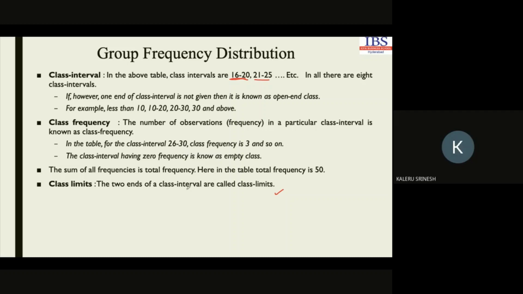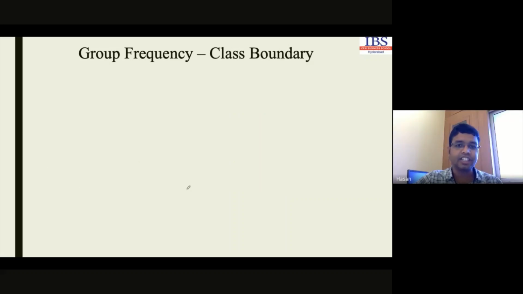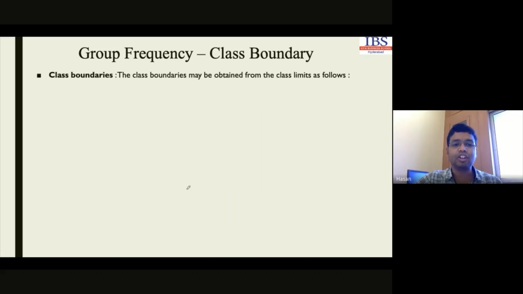Okay. So our next point is class boundary. What is class boundary here? We know that 16 to 20 is a class. 16 is the lower class limit and 20 is the upper class limit.